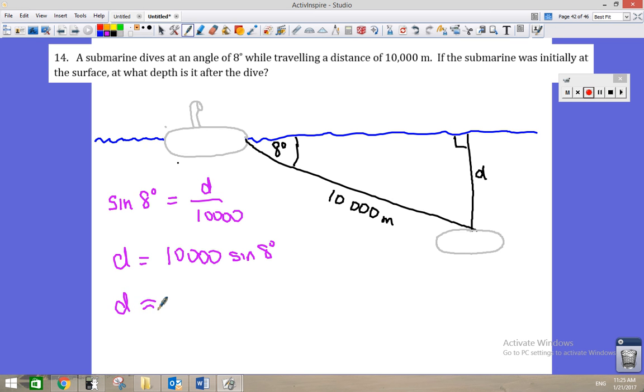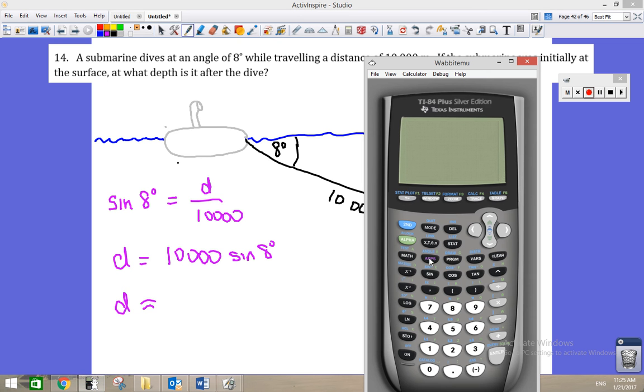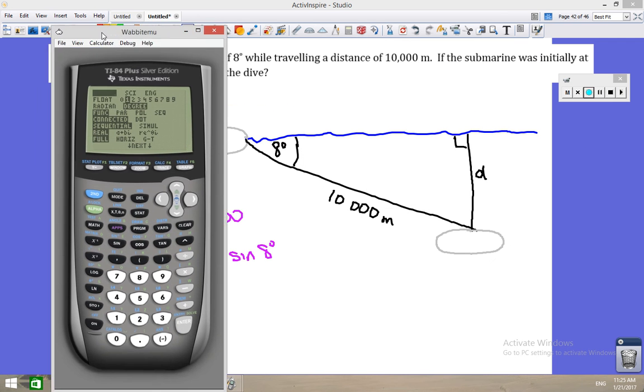And let's give them an approximation. It doesn't tell us what to round to, so let's see, what do we have on the calculator right now? We're in degrees, we're rounding to the nearest tenth, so that seems reasonable. It's just a depth.